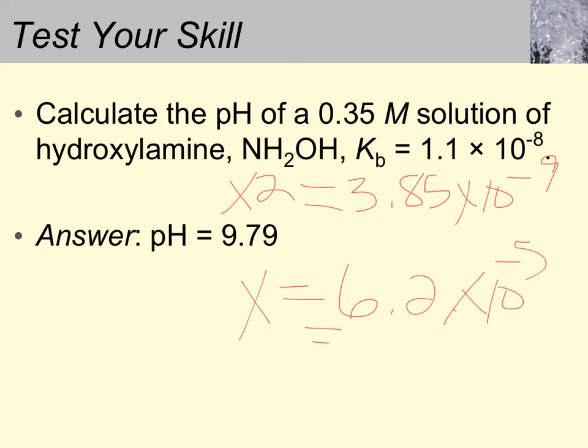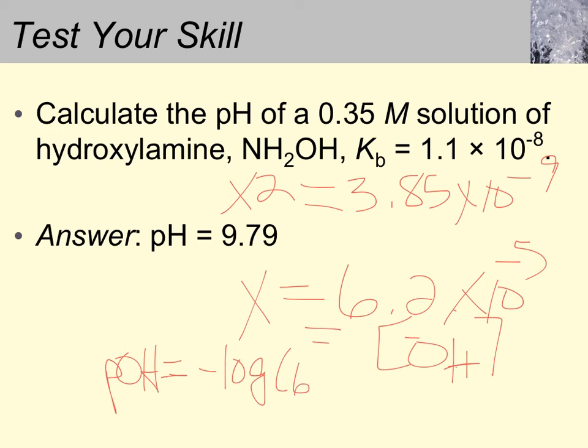That is the concentration of hydroxide. And so we have to find pOH first. Remember, pOH is minus log of the concentration of hydroxide, which is 6.2 times 10 to the minus 5. And so pOH is 4.21.